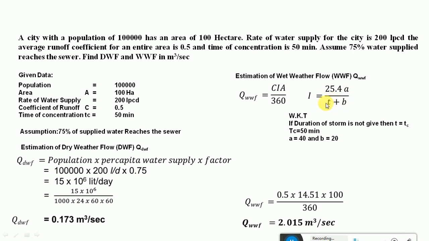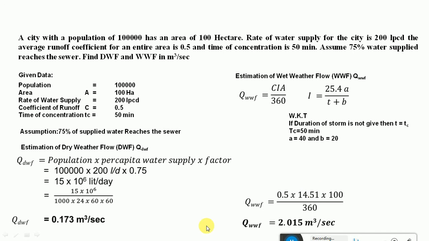Using the storm duration, you can see that if it is in between 5 to 20 minutes, then the value of A will be 30 and B will be 40. In this case the duration of the storm is more than 15 minutes. Hence we obtain the values of A and B as 40 and 20 respectively.